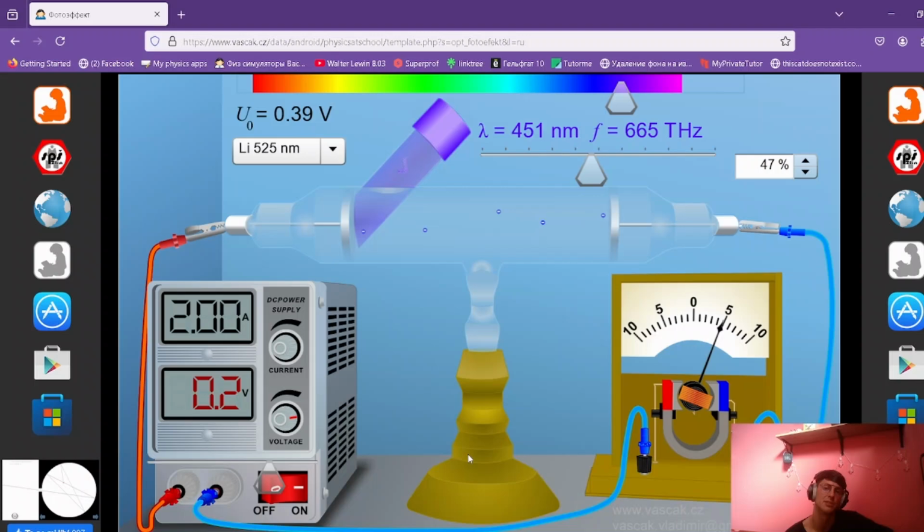Electric field still does work on these electrons, so they have less kinetic energy when they reach another plate. You can see if I have no voltage at all, they are faster. If I have 0.2 or 0.3 volts, they are slower. And if I have 0.4 volts, I can stop them completely and wow, we have no current in the circuit.